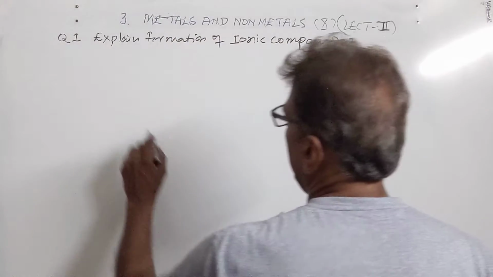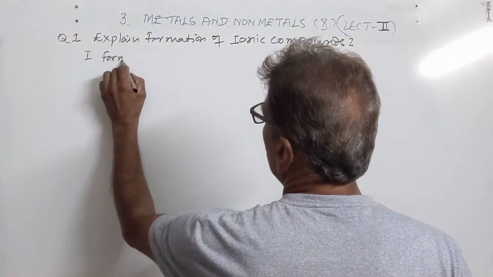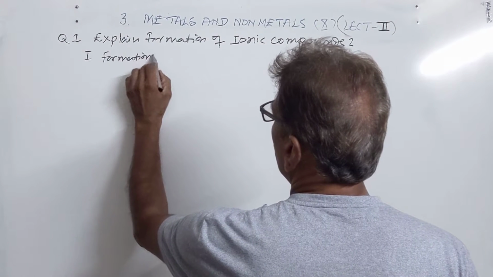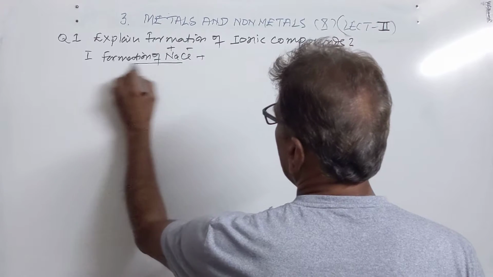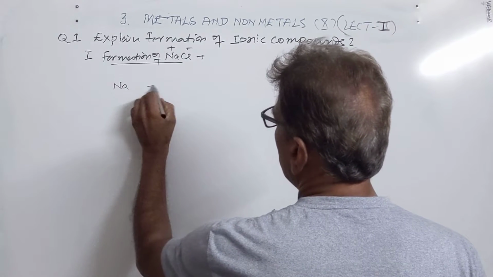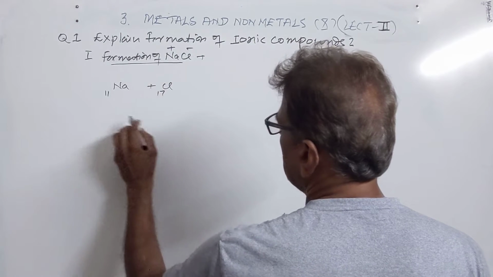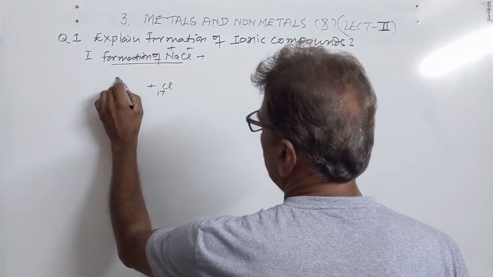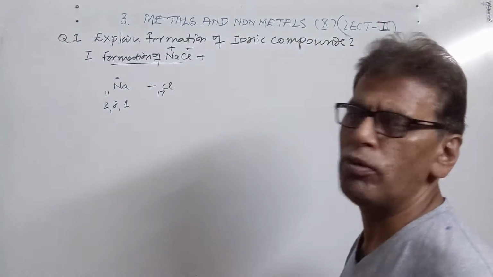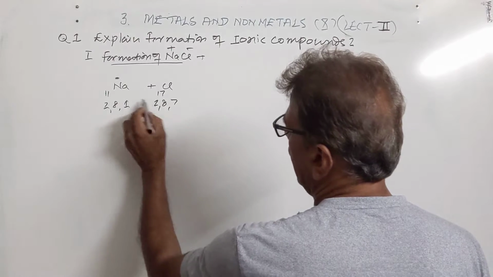For example, we take the formation of NaCl. NaCl is formed by combination of sodium with Cl. They have atomic numbers 11 and 17. Sodium has the configuration 2, 8, 1, so it has one electron in excess to the noble gas configuration, and Cl has a deficiency of one electron.